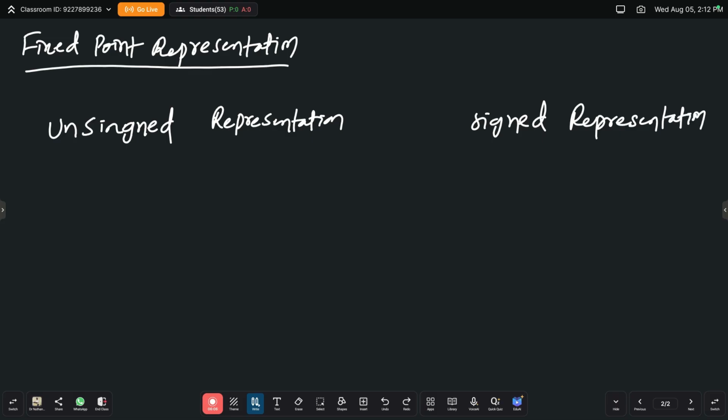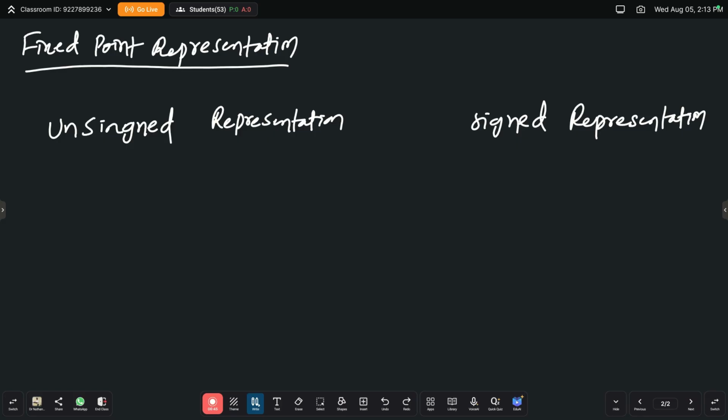Unsigned representation is for unsigned numbers. Signed representation is for signed numbers. If you do not give any sign in your number, it is by default a positive number. Are you clear? If you want to provide positive, you should write plus. Otherwise, you should write minus. But if you are not providing one, that is positive, and there is no need to provide any sign symbol. Yes or no? Clear? So that is the purpose.